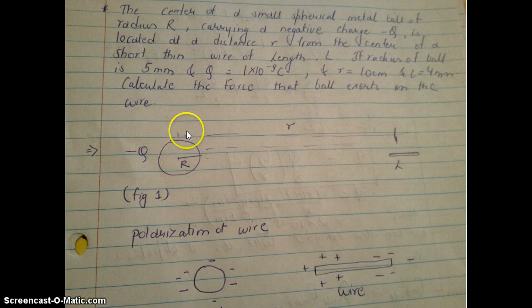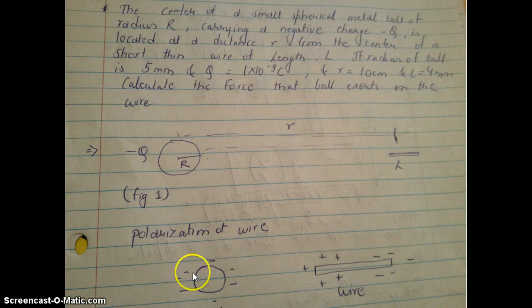This is a rough diagram, as you can see in figure 1, where this is a ball with radius r and negative q charge, separated from the wire by a distance of r, and the length of the wire is l. As you can see, the ball makes a field that polarizes the wire as shown.